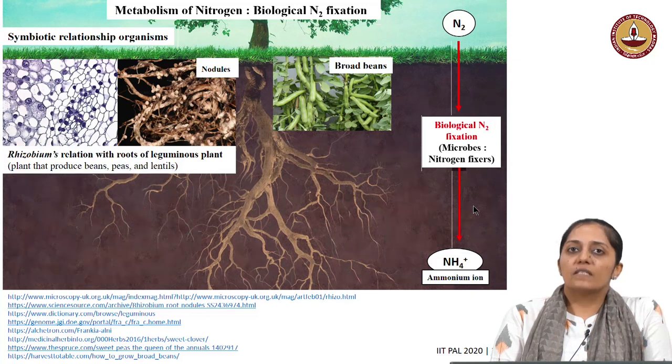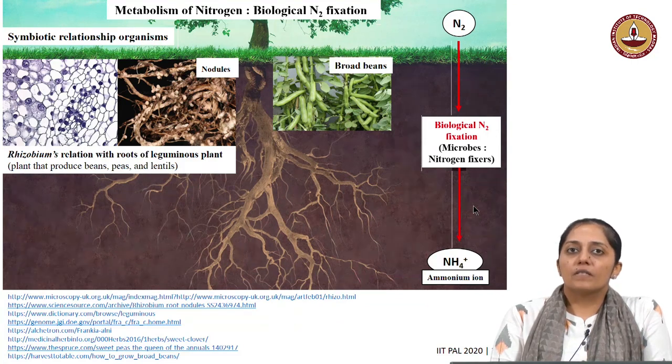Nodule formation is seen in the plant roots. As you can see in the picture on the slide of the Rhizobium species, the Rhizobium resides in the roots of the leguminous plants. You can see the microscopic picture of the root section.